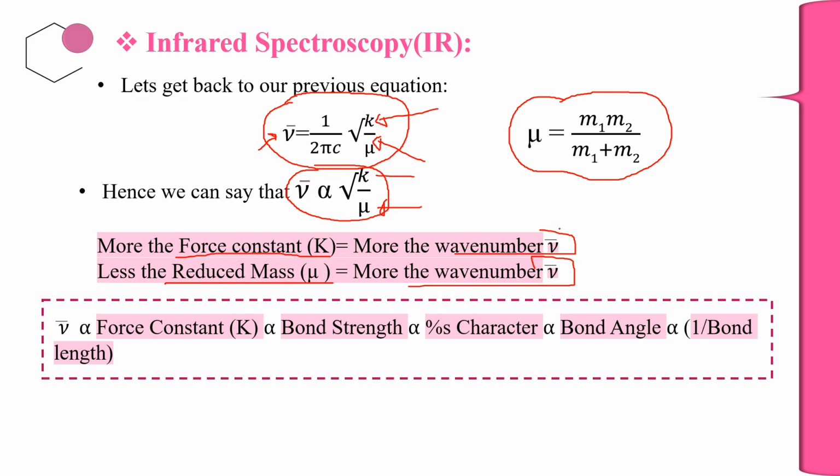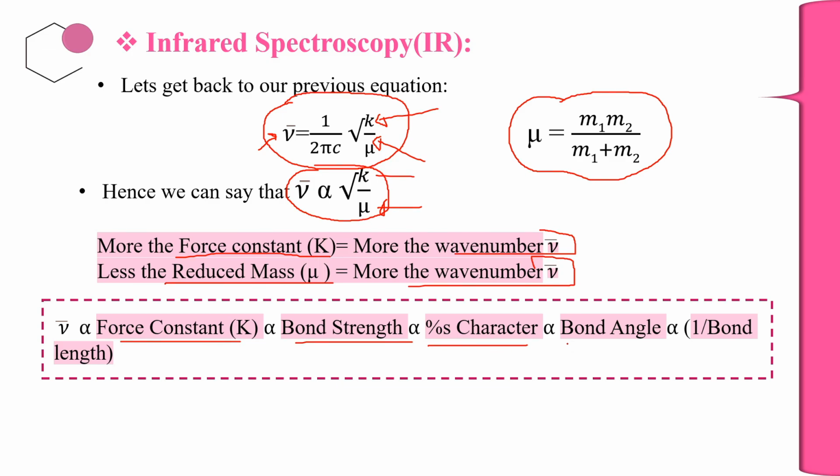In the case of organic molecules, nu bar is directly proportional to the force constant. If any bond's force constant increases, then the nu bar of that bond also increases. Similarly, nu bar is directly proportional to the bond strength. If the bond is a double bond or triple bond, then the nu bar value is much higher than other bonds. Also, nu bar is directly proportional to the S character of the bond.